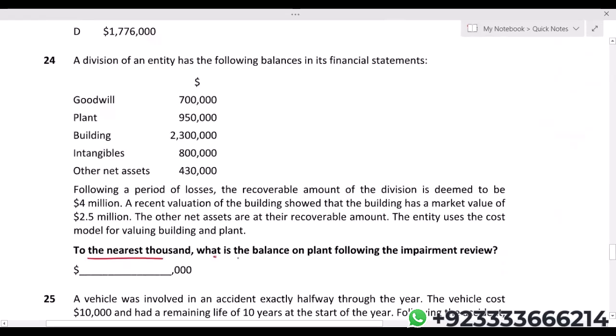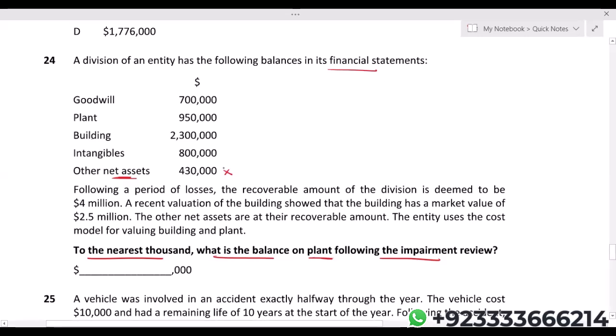To the nearest thousand, what is the balance on the plant following the impairment review? A division of an entity has the following balances in its financial statements: goodwill, plant, building, intangible asset, other net assets. Let me tell you, other net assets do not fall in the scope of IAS 36, because the examiner is not mentioning them exactly.